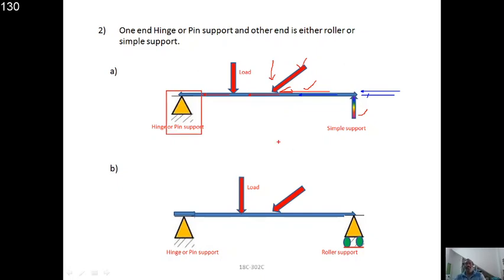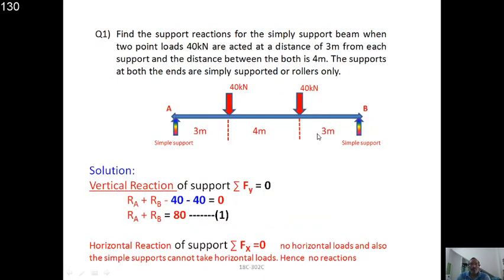So that is the arrangement of your simple support along with the notations. Their shapes are very important to understand which support it actually is. Coming to the support reaction calculations for the simply supported beam, we will solve this problem by using the equilibrium conditions.